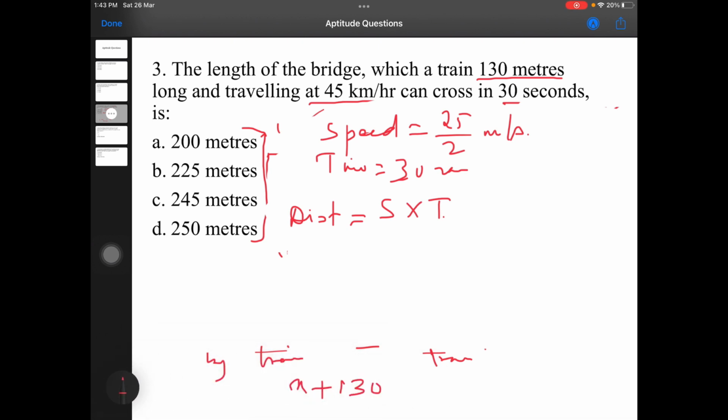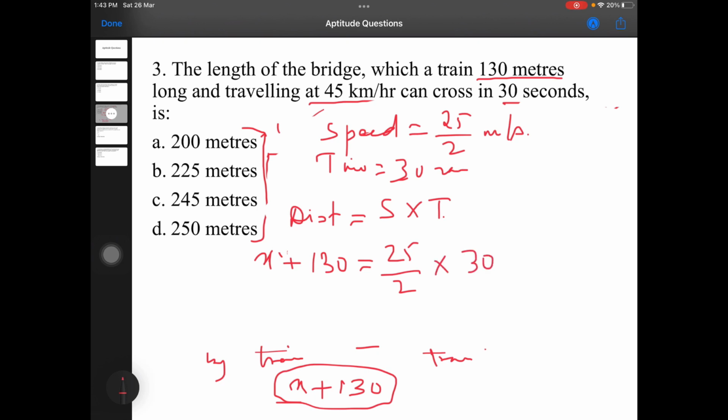Like I have said, the total distance traveled by the train is x plus 130, the length of the bridge plus the length of the train, and the speed is 25 by 2, and the time is 30.